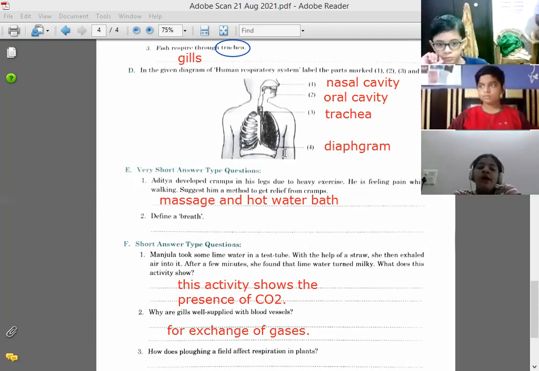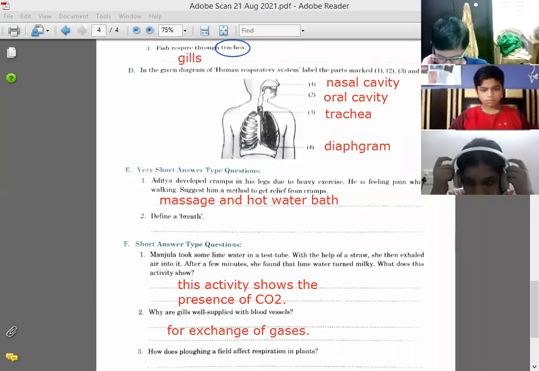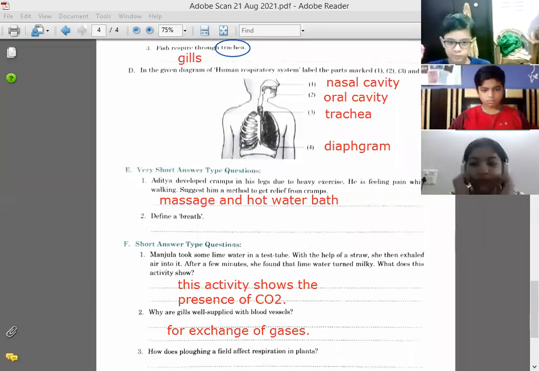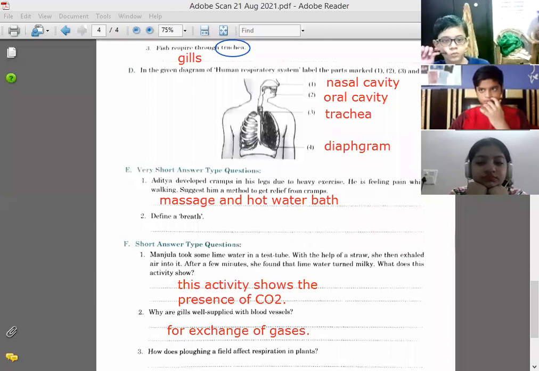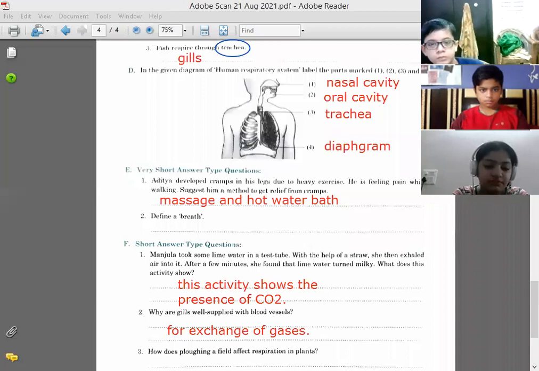What will happen if you plow a field? Whenever we plow the field, the soil becomes loose. There will be a lot of space in the soil and it will help the plants to breathe easily. More air will pass through it. Kindly write down the answer.